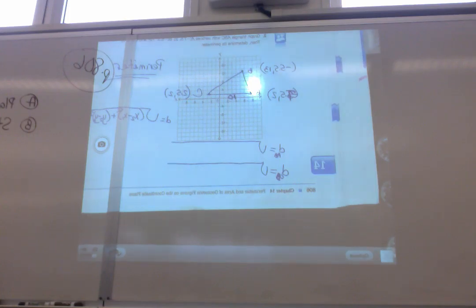Negative 5.5. Wait, which side did you do? That one is 5. Wait, what did you do? You did A, B. What did you do? Okay.